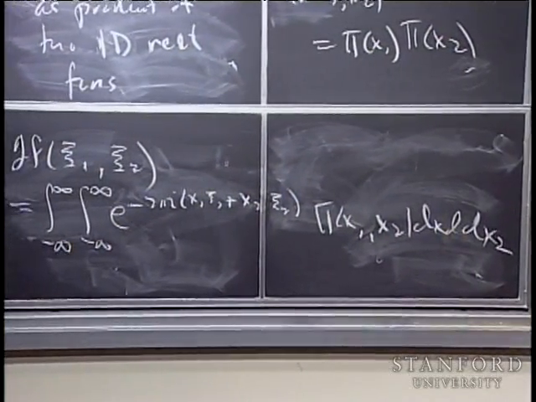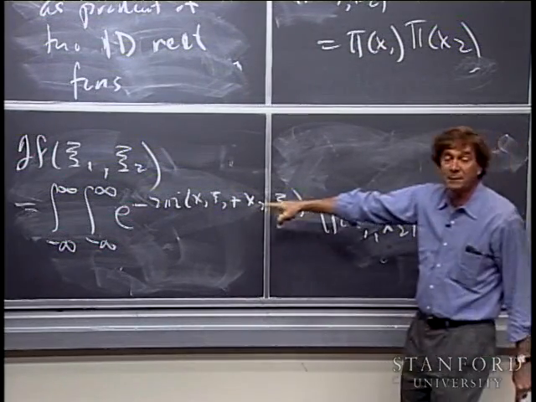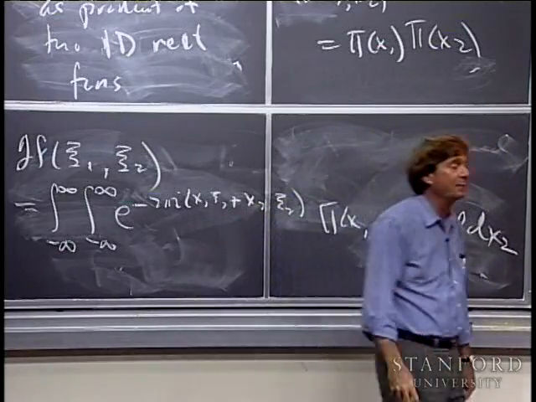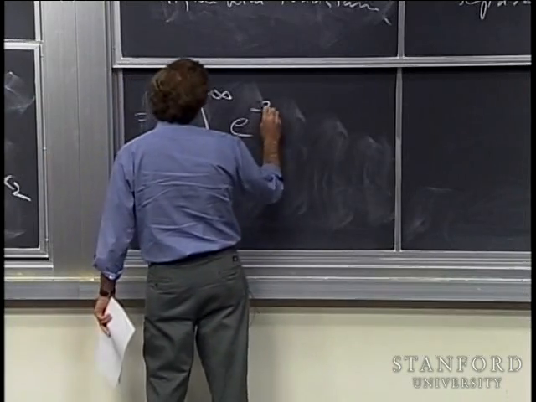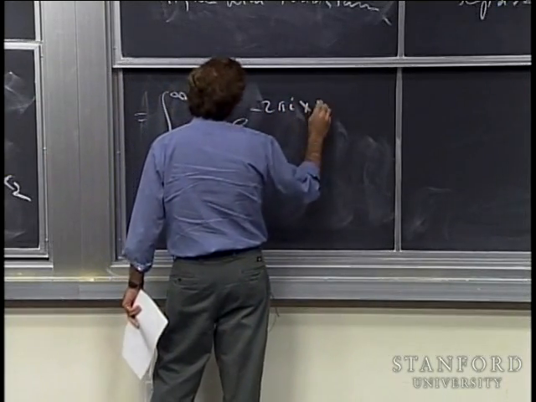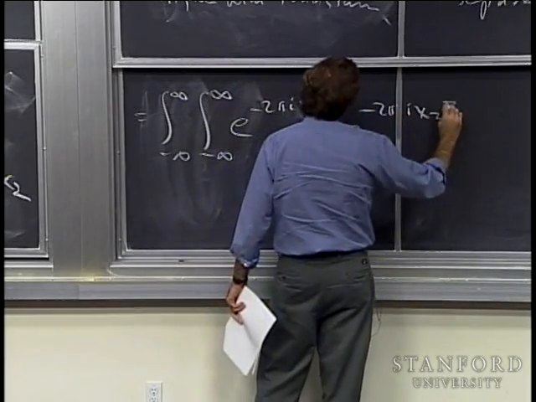But now you can split the variables up. Matter of fact, let me combine two steps here. The exponential function being what it is, you can split up that inner product in the exponent to be e to the minus 2 pi i x1 times xc1 times e to the minus 2 pi i x2 times xc2.